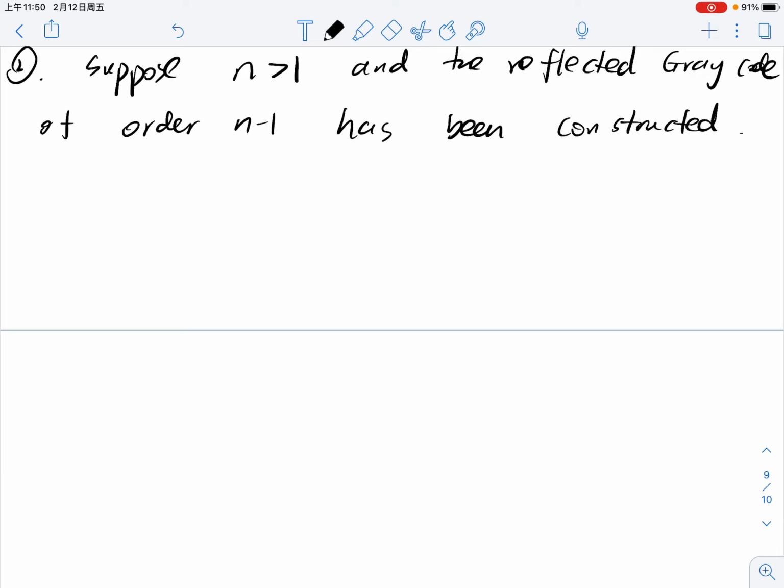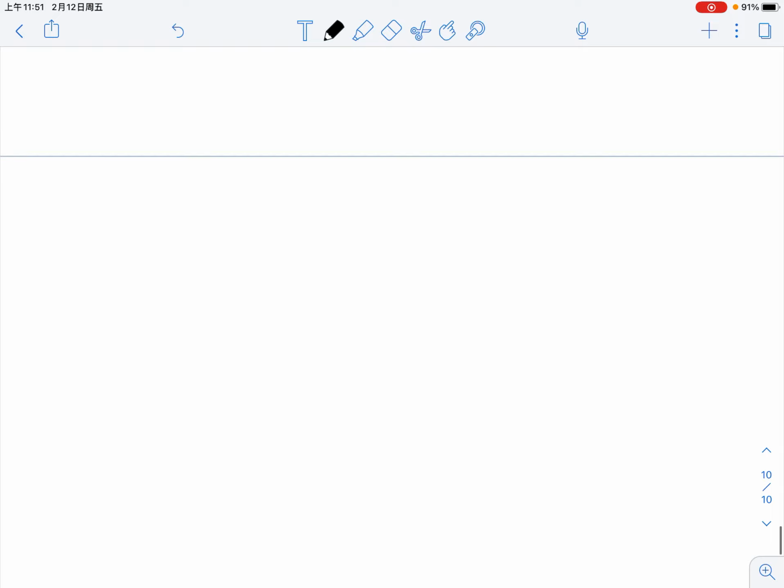Okay, that will be, let's denote as A_1^1 all the way to A_{n-1}^1. This is the first subset we have. And then you have A_1^2 all the way to A_{n-1}^2.